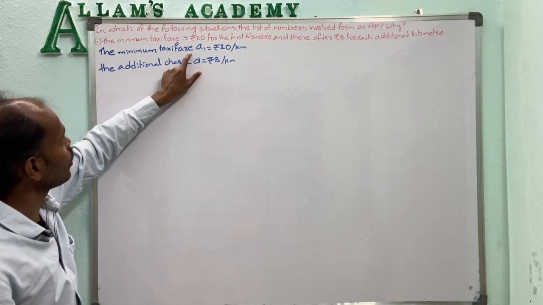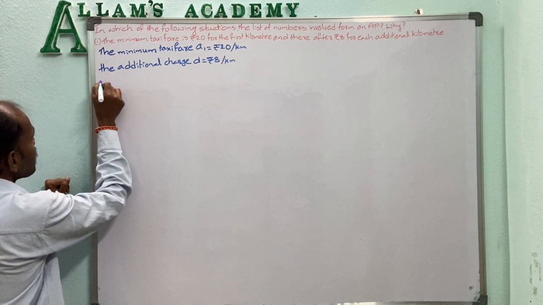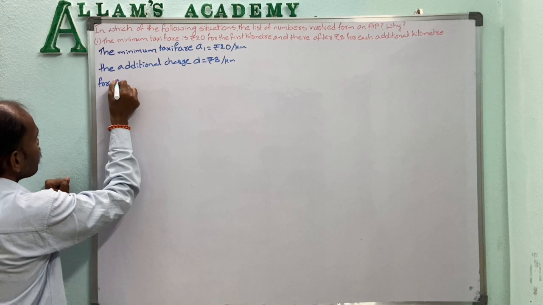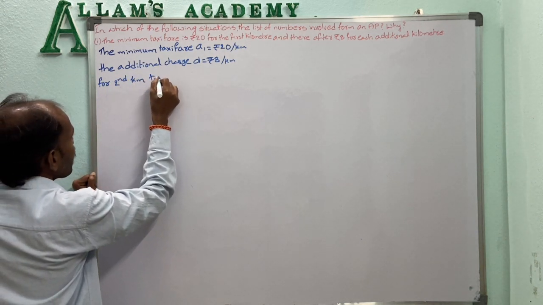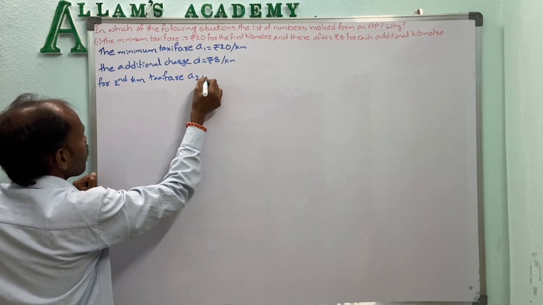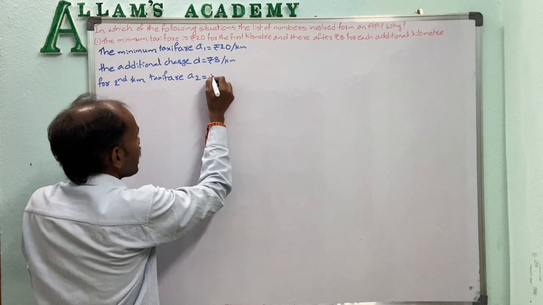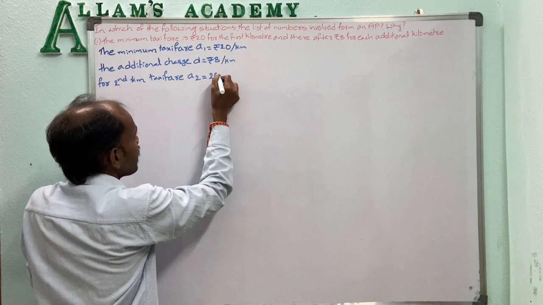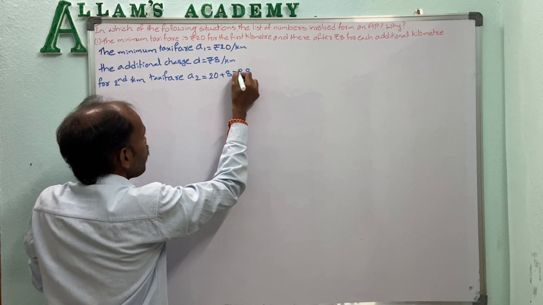So for the first kilometer, 20 rupees are paid. Now for the second kilometer taxi fare, A2 is equal to, as we already learnt, A1 plus D, that is nothing but 20 plus 8, that is 28 rupees.